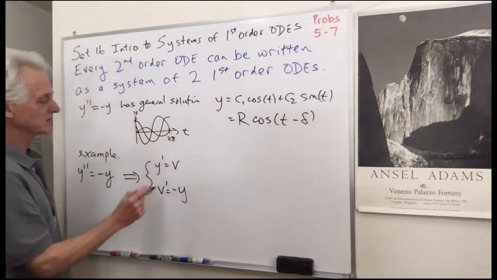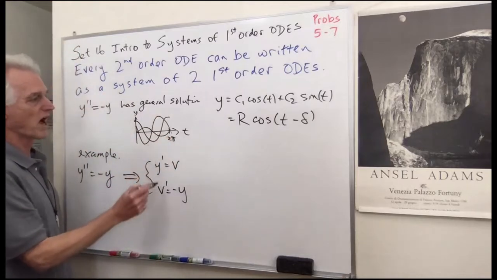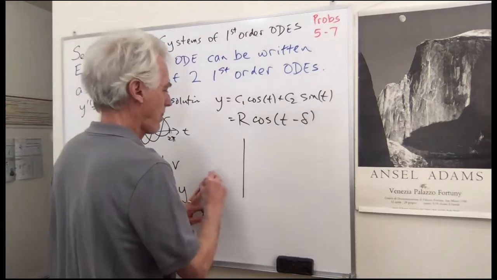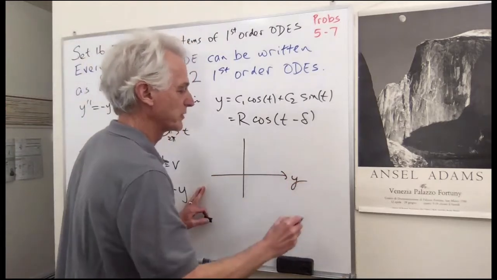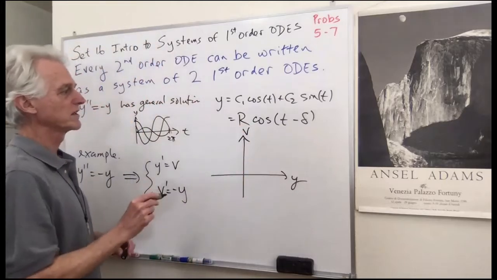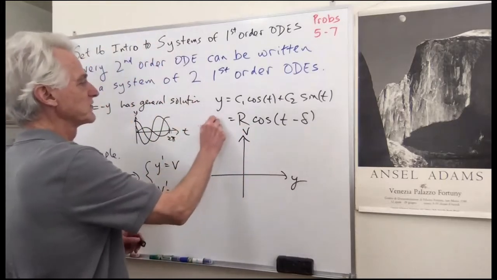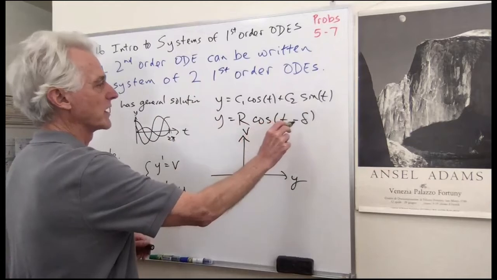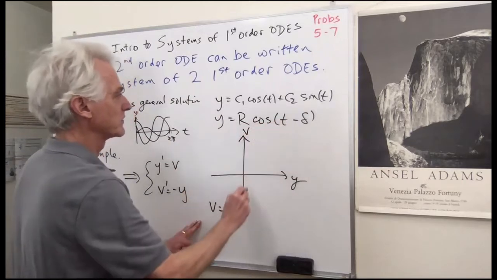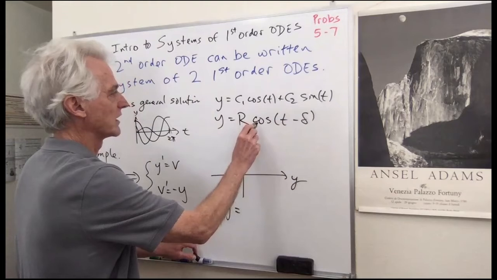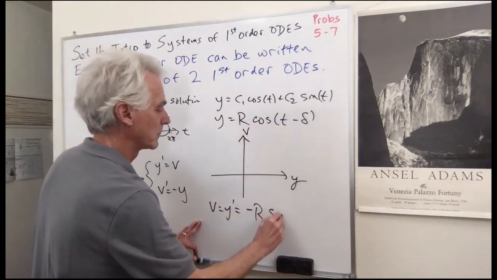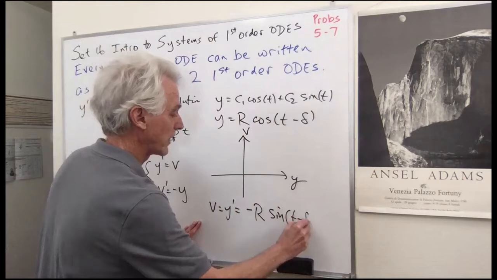Whereas if I plot the solutions in the yv plane, I plot position and velocity here, what do the solutions look like? Well, let's use this form. y is r cos of t minus delta. What is v, which is y prime? The derivative of cosine is negative sine, so I have minus r sine of t minus delta.